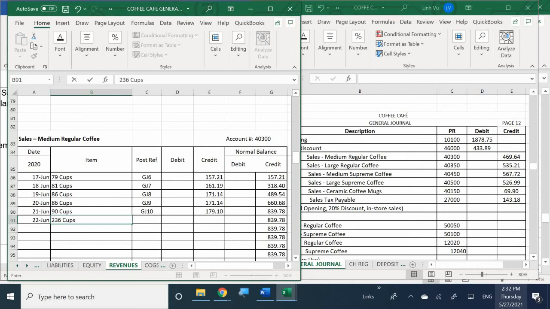General Journal 12. Credit $469.64. Brings our running total to $1,309.42. 1309.42. Good.